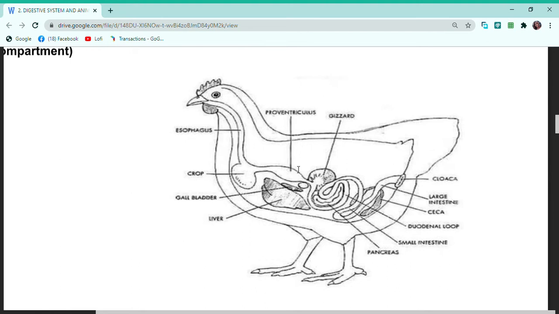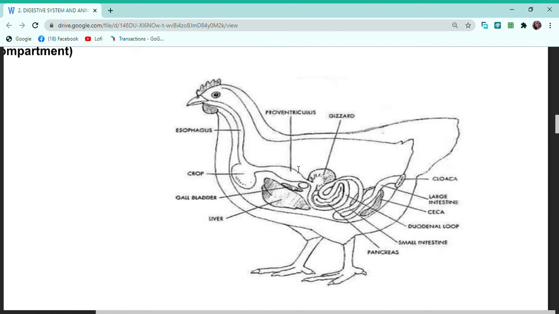Okay, so ulitin ko. Ang digestive tract ng avian o poultry, mouth, and then esophagus, and then crop, number 3, and then number 4, the proventriculus or the glandular part of the stomach. This is where hydrochloric acid and digestive enzymes are secreted. So after the proventriculus, we have the gizzard.